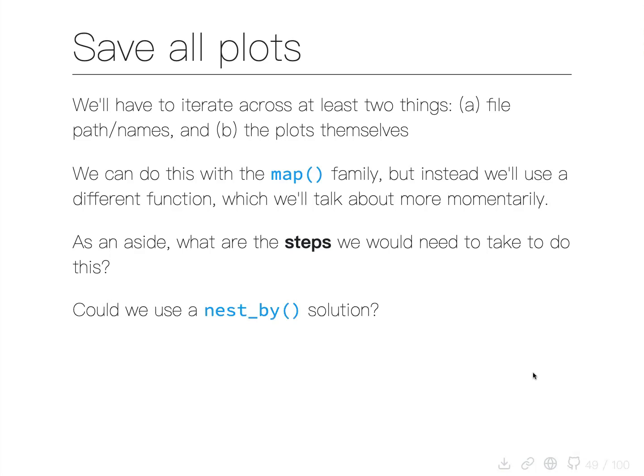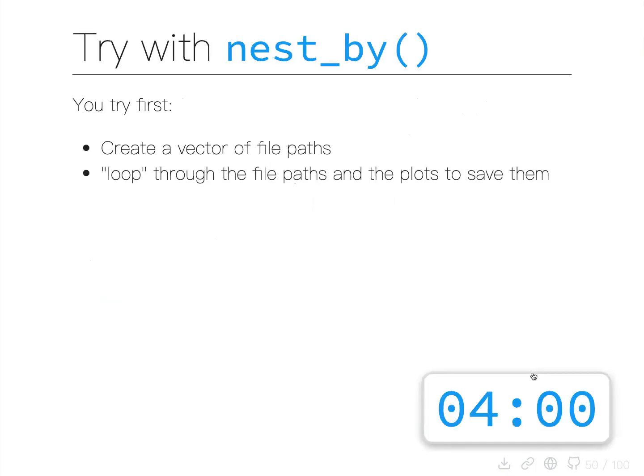That's the steps. What if we wanted to use nest by? Is that possible? Can we use nest by, do you think, to actually save the plots? Feels weird, right? Because nest by is a data frame solution to things. Okay. However, it is actually possible.